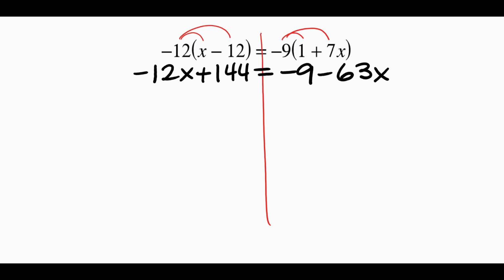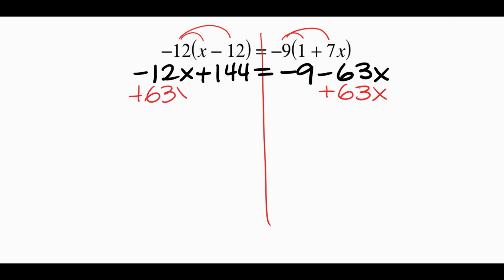If I move the negative 63x to the other side by doing the opposite, it's going to create a positive variable, and that's what I want in the end. So I'm going to make my life easier and do it in the beginning. So the opposite of a negative 63x is a positive 63x.